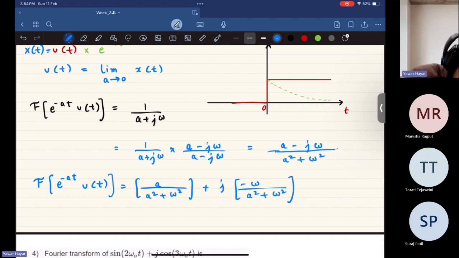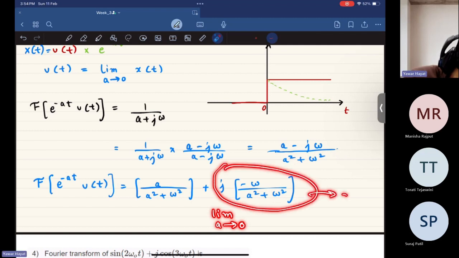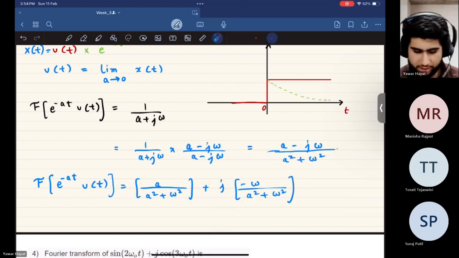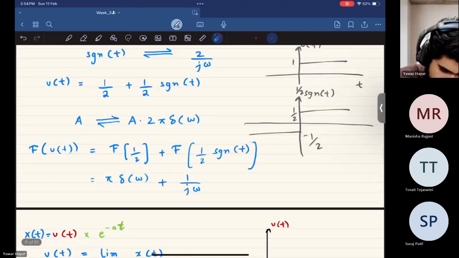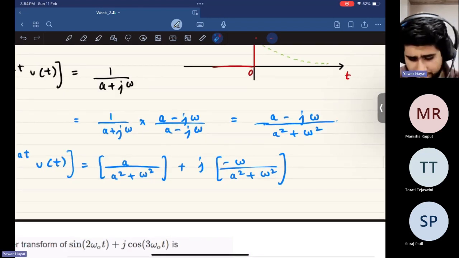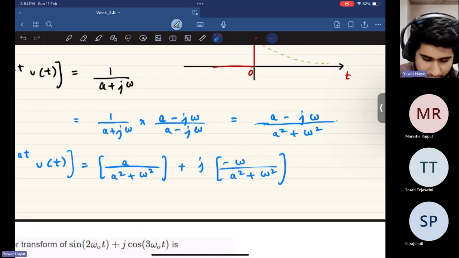If I take the limit, what should this be? j by omega. j by omega, right? In fact, minus j by omega, right? Minus j by omega. You missed out this minus sign.